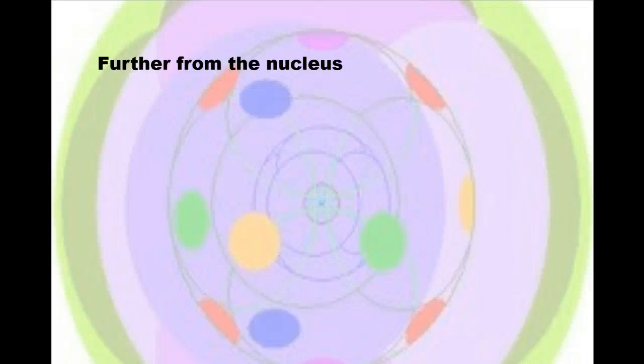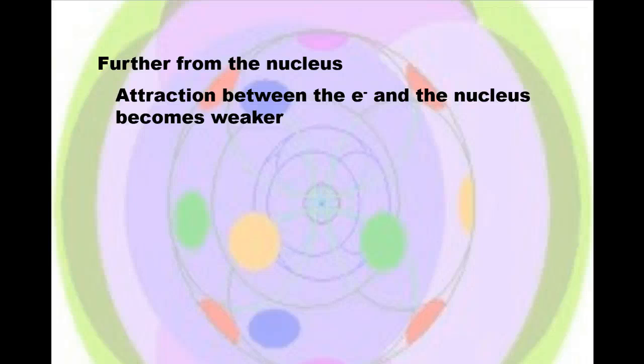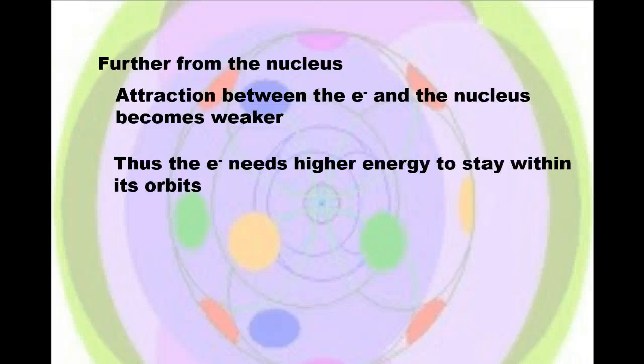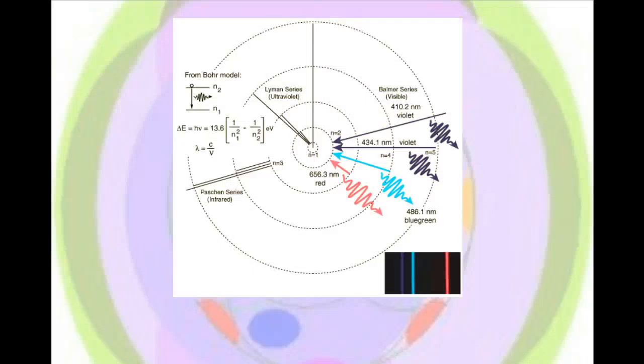And let's take a look at why. So the attraction becomes weaker between the electron and the nucleus because you're increasing that distance. So therefore, the electron needs higher energy to stay within its orbit. So the further away from the nucleus, the more energy the electron is going to have. And the electron basically possesses the same amount of energy as the energy level.